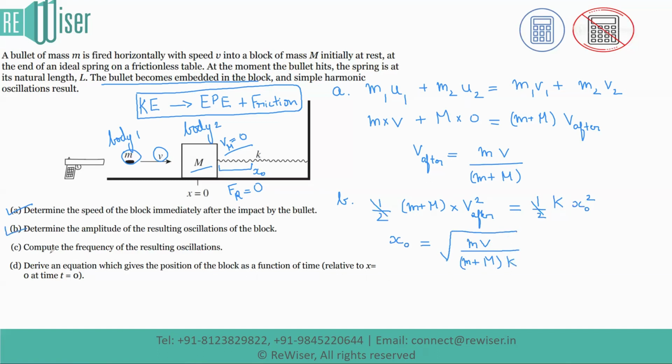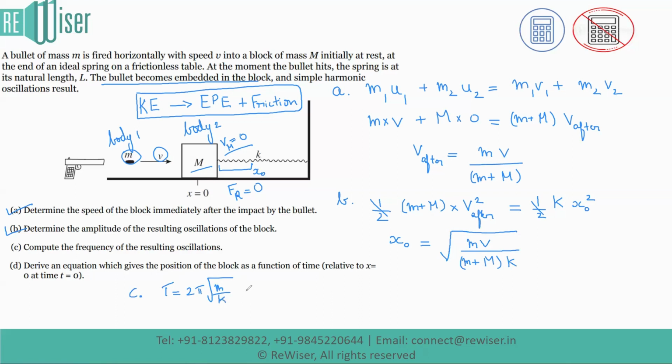Now, part C asks us to compute the frequency. It is very easy to calculate frequency in simple harmonic motion. Since this is a horizontal spring mass system, we know that the time period T is 2 pi square root of mass by spring constant k.